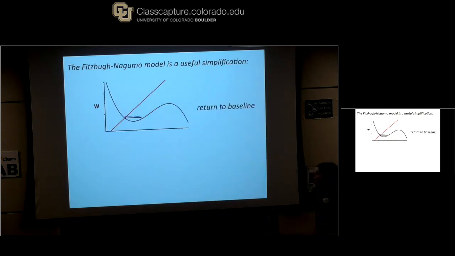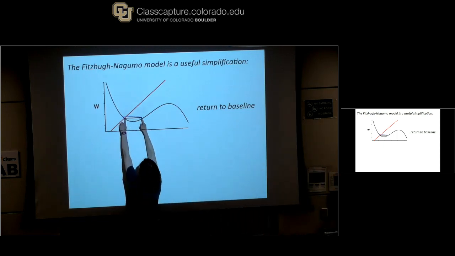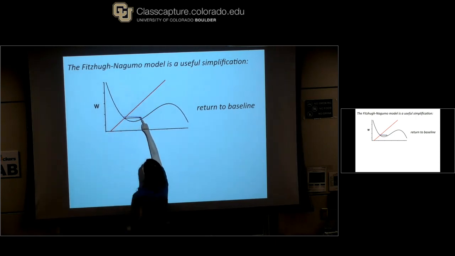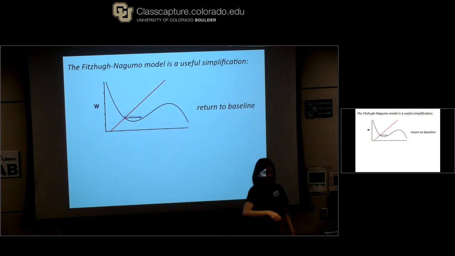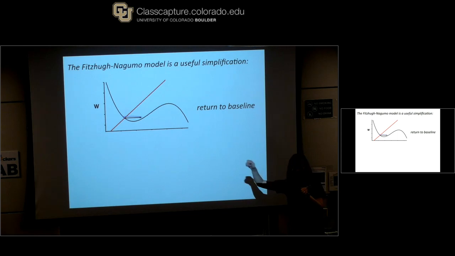So it's a very useful simplification, because if I make a voltage excursion here that doesn't take me across this null line, so here's a fixed point. Make a voltage excursion. Here V is negative and W is positive. So I'm going to go up, but I'm very strongly going to go back, and I return to baseline. So I push, I come back to baseline.